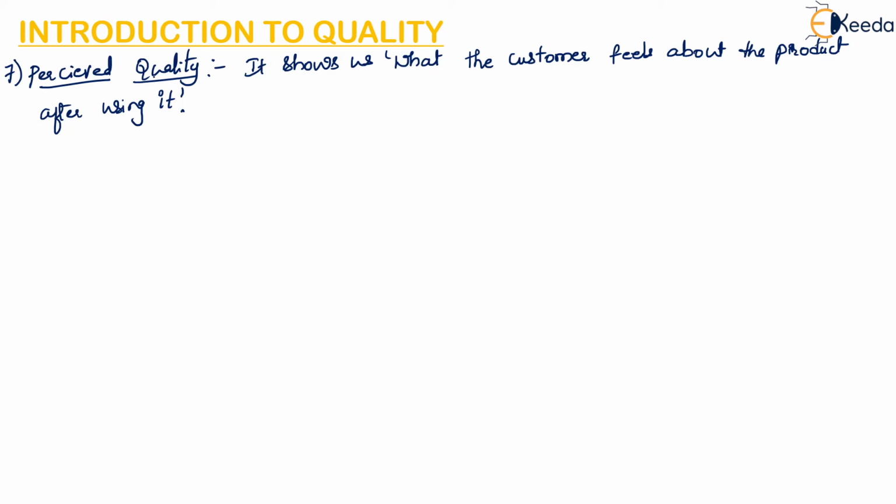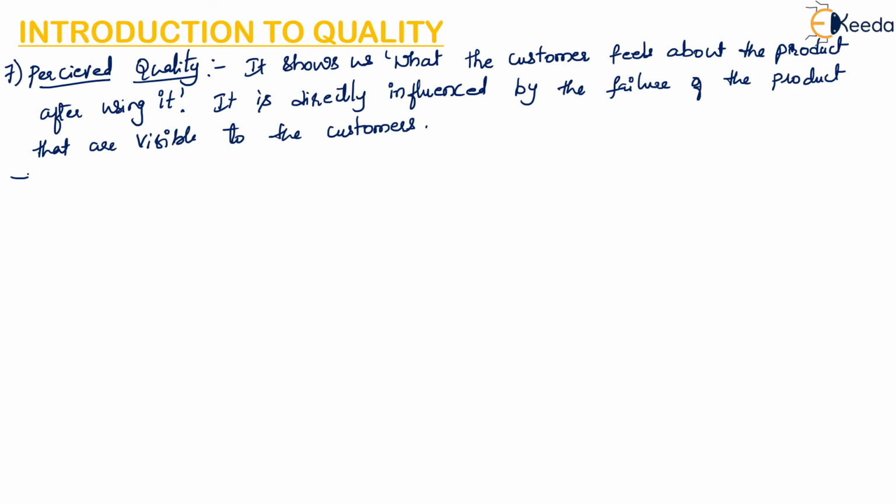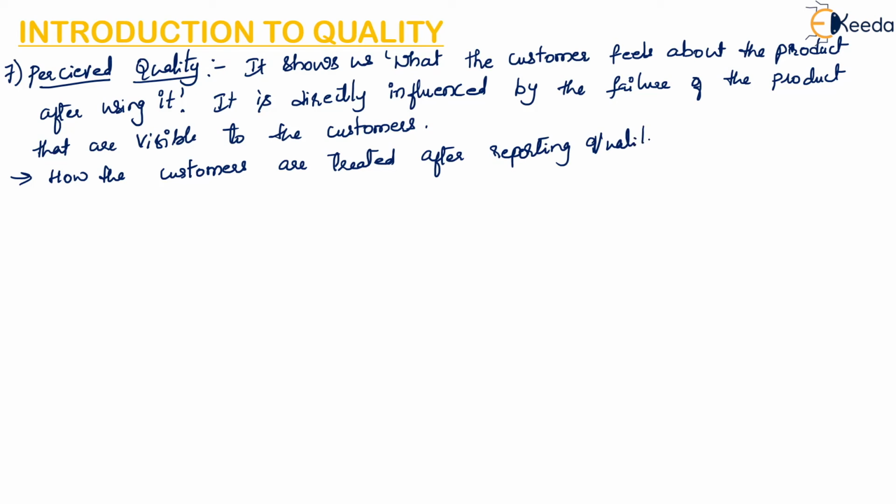So perceived quality is influenced by failures of the product which are visible to customers, and also by how the customers are treated after reporting quality related issues or problems.